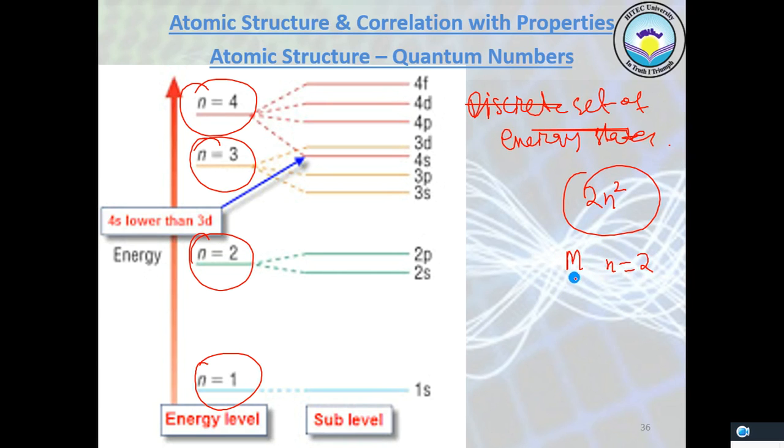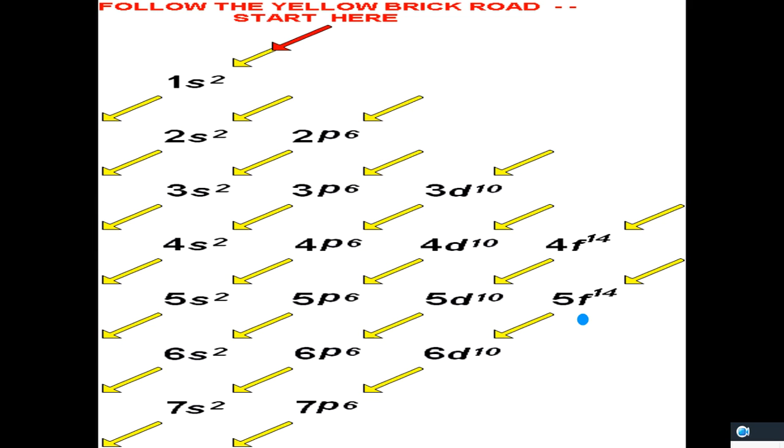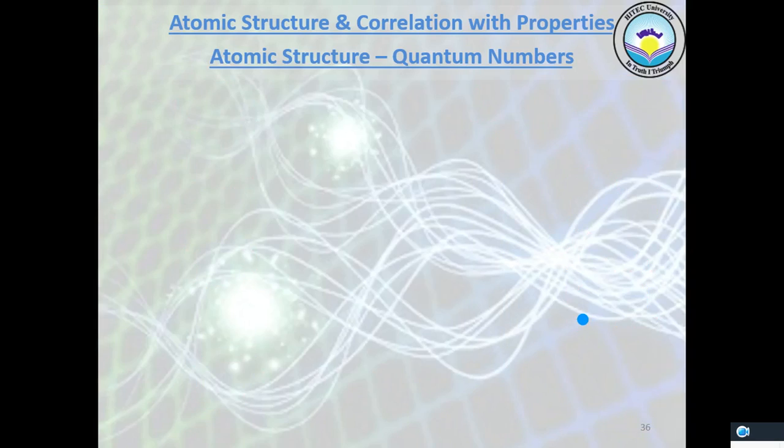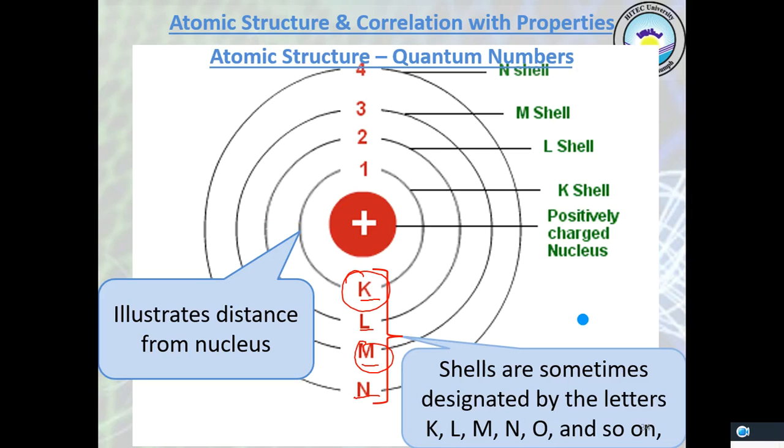If I am in the M shell, n will be 3. The first shell was K, the second shell was L, the third shell was M, and the fourth shell was N.